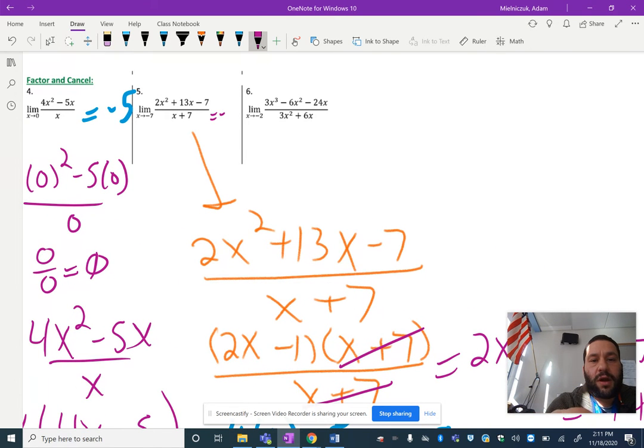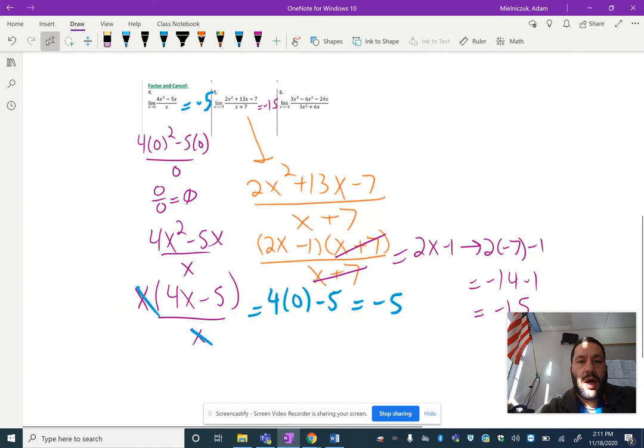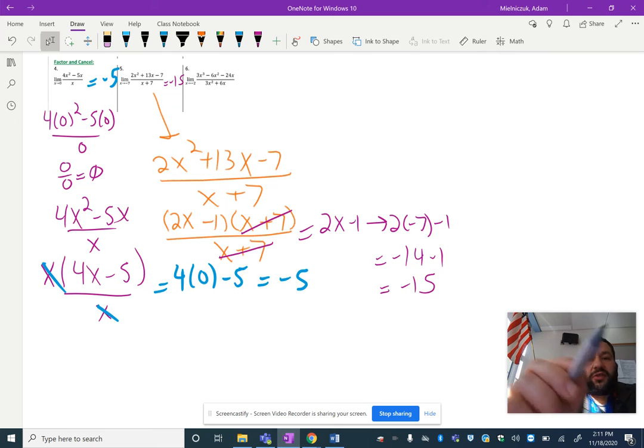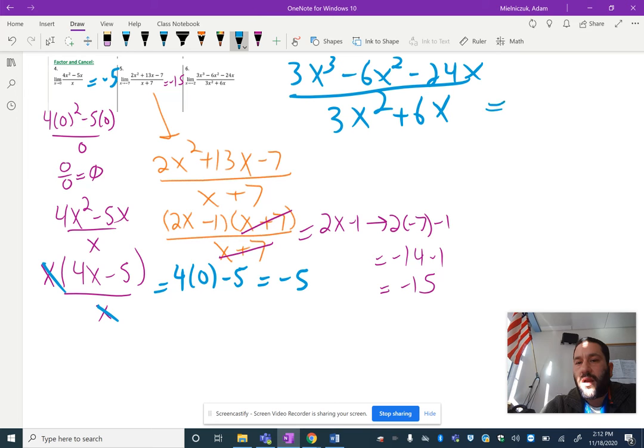All right. And now let's take a look at our last one. We got (3x cubed minus 6x squared minus 24x) over (3x squared plus 6x). So what can I pull out to start? Well, on the top, they all have an x in common and they all have a 3 in common.